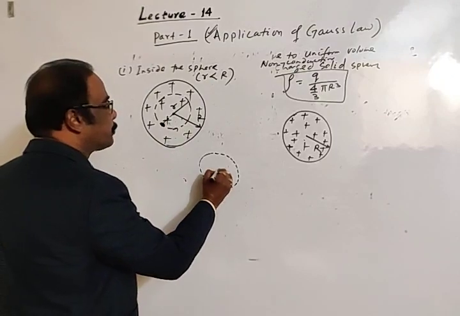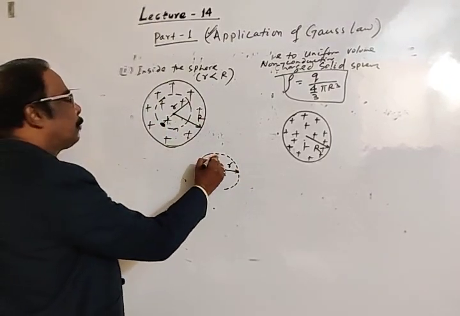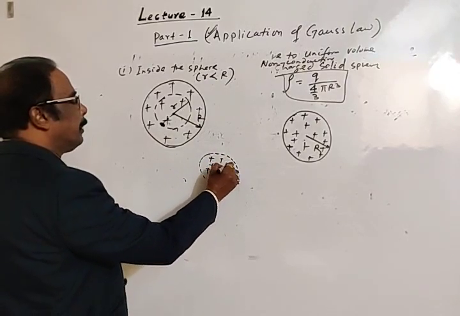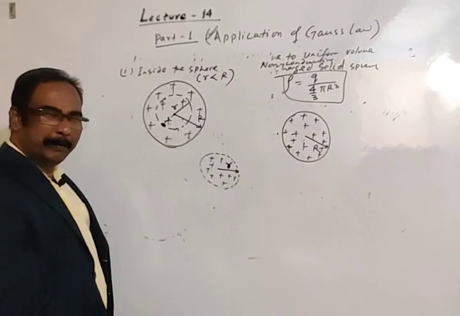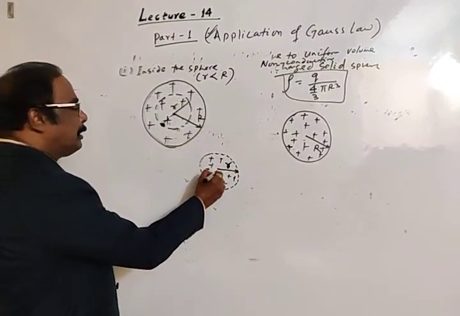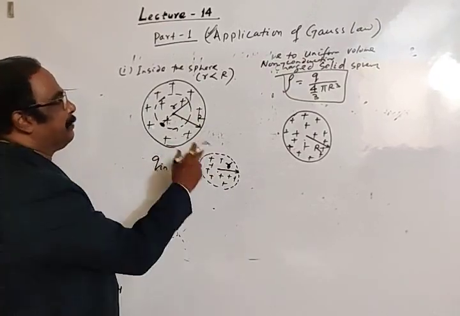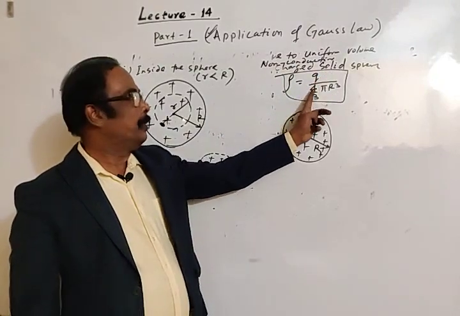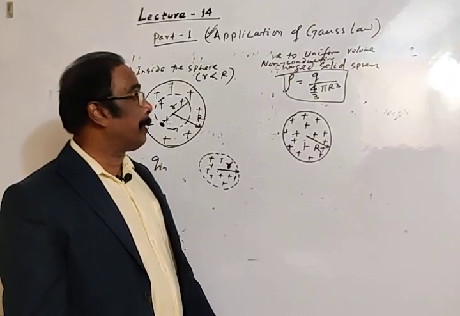It has a smaller radius. Since charge is distributed throughout the volume, this imaginary Gaussian surface of radius r also contains charge throughout its volume. Then the charge inside it, Q inside. See, the volume charge density is Q divided by 4/3 pi R cubed.